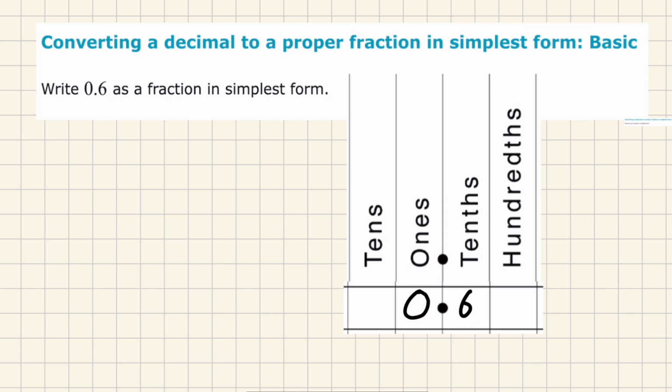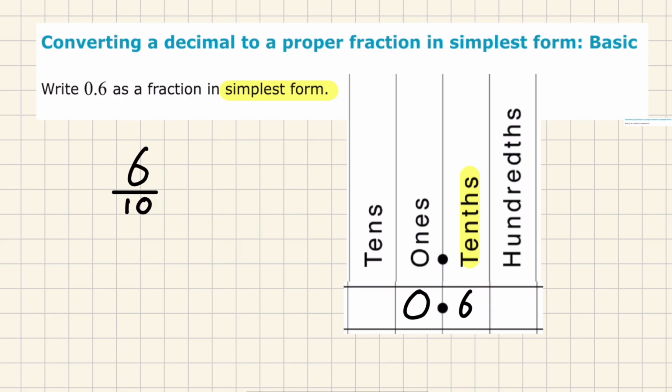And the 6, since the last digit that is a decimal is in the tenths place, would be written as 6 over 10. If the 6 would have been in the hundredths place, if that was the last decimal, we would have written it over 100, but the tenths place gets written over 10.